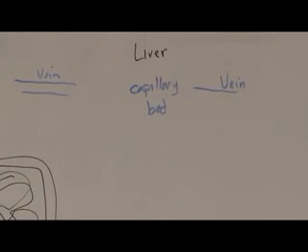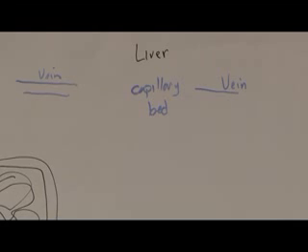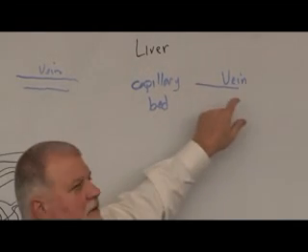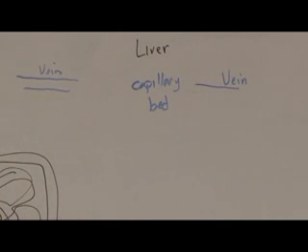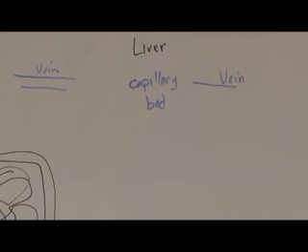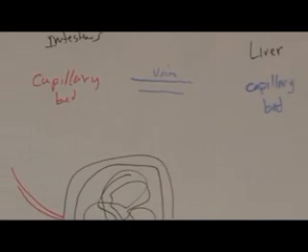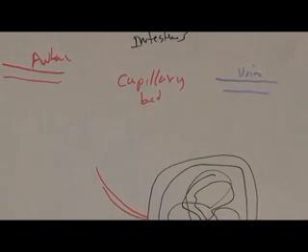Okay? So what we end up with is a joint capillary system, where we have artery, capillary, vein, capillary, vein. The normal pattern is artery, capillary, vein. Okay? So anytime we connect two capillaries in a sequence, we have a portal system.